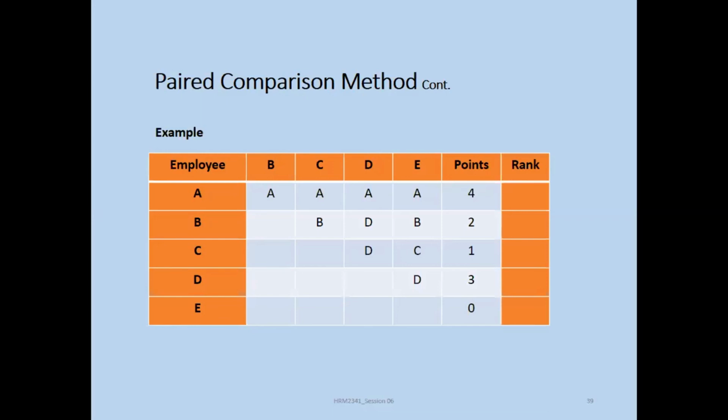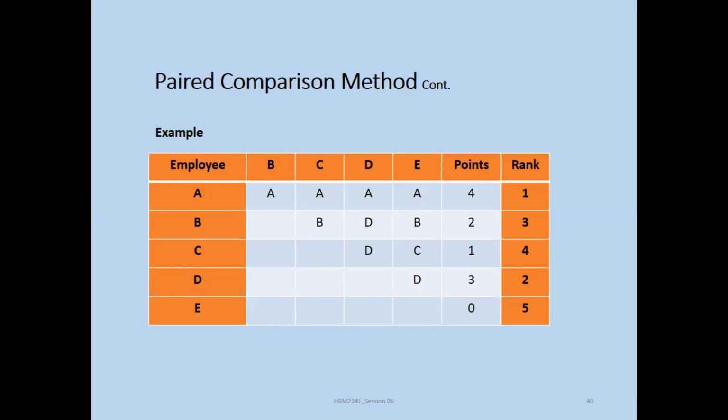If any employee gets the highest points, they are rank 1. According to this, we can give ranks based on the points. Rank 1 is A, rank 2 is D, rank 3 is employee B, then C, then employee E. This is the paired comparison method.